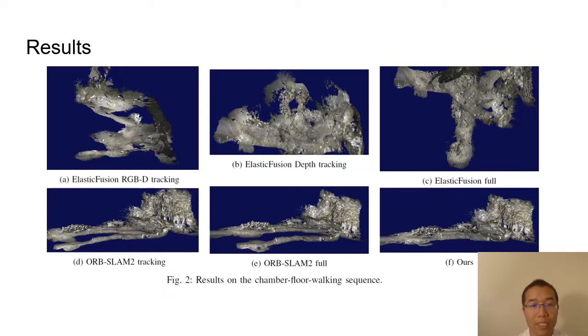Here are more results. This is the result of RGB-D tracking, and it's not really good. And this part is surfel-only tracking. It kind of gets the structure, but it's still not good. And then ElasticFusion with depth tracking and also with loop closure. You can still see this part actually should be over here.